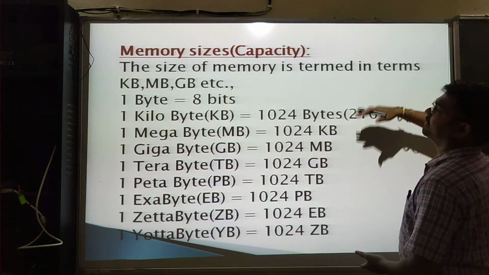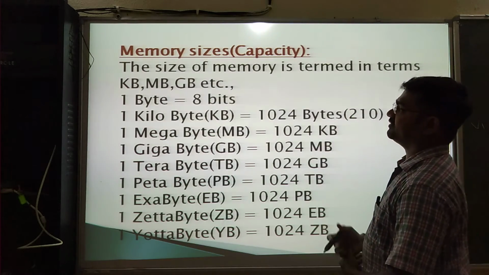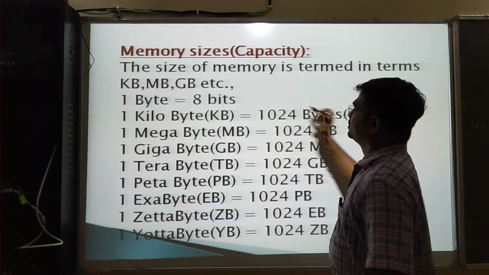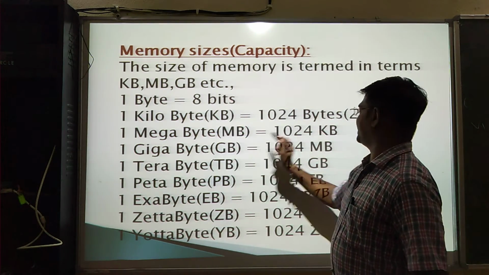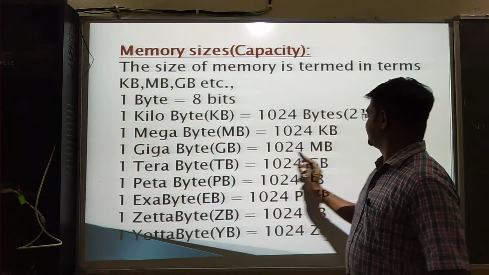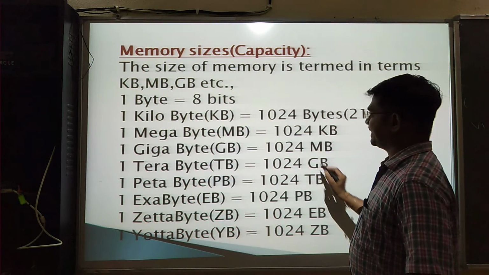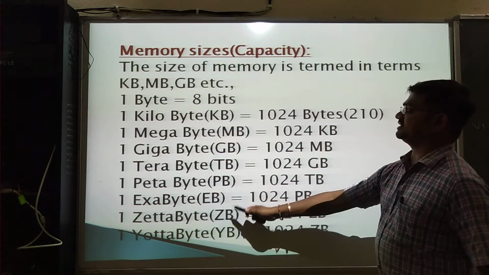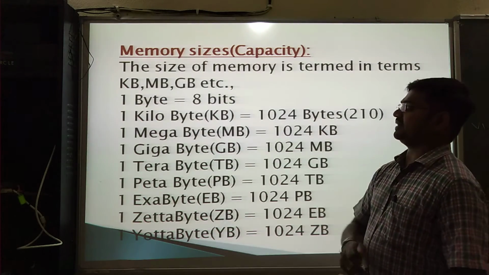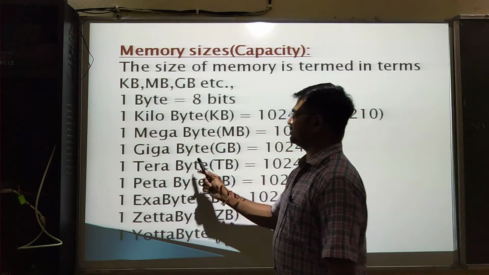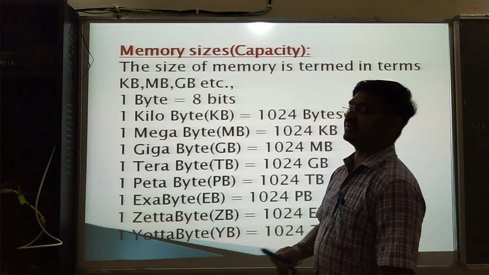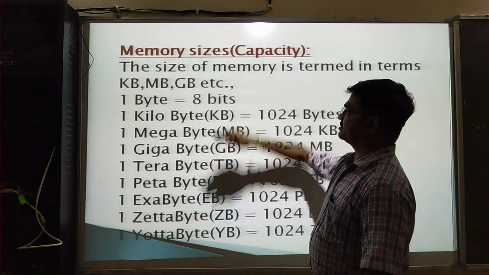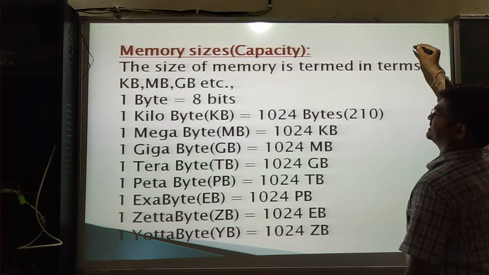This is the memory size and capacity chart: bit, byte, kilobyte, megabyte, gigabyte, terabyte, petabyte, exabyte, zettabyte. Nowadays we mostly talk about GB and TB, and the most expensive storage in systems is in terabytes.